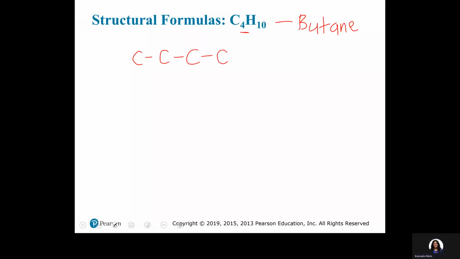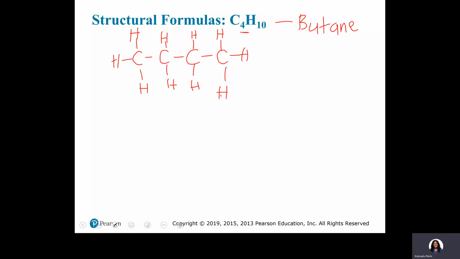Next, I'm going to add the hydrogens on it. The end carbons get three hydrogens and the middle carbons get two hydrogens on each. This is the expanded structure for butane or C4H10.